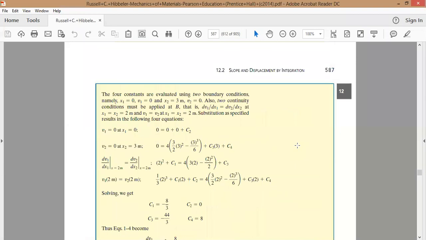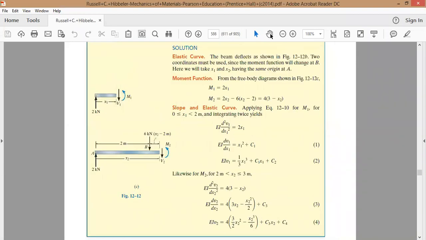Let me apply the boundary conditions. First boundary condition: at x equal to 0, the value of our deflection is equal to 0. So we will be using this equation, because it is the equation valid for the region going from x equal to 0 to x equal to 2 meter. Since x equal to 0 belongs to this region, this equation is to be used.